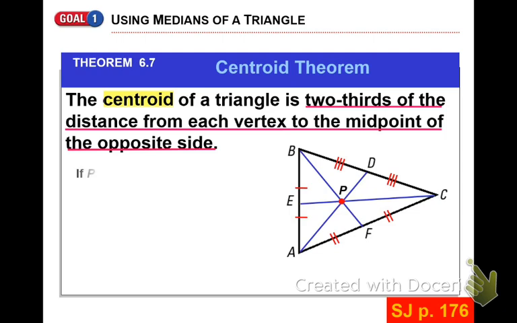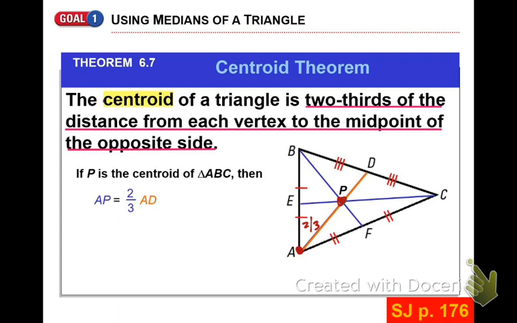All right, so I will show you. If P is a centroid, then AP is equal to 2/3 of AD, meaning we have this whole line which is highlighted in orange. From the vertex of the angle to the centroid is going to be 2/3 of the line.